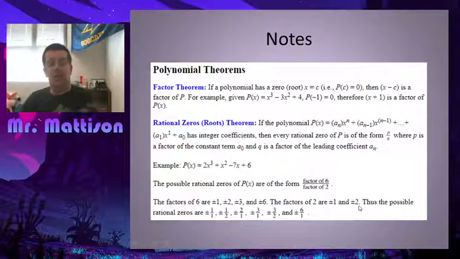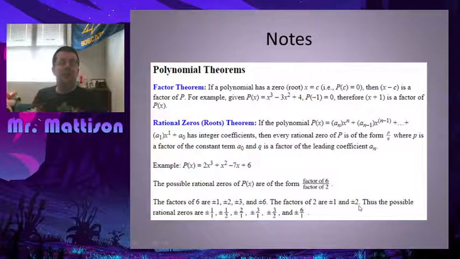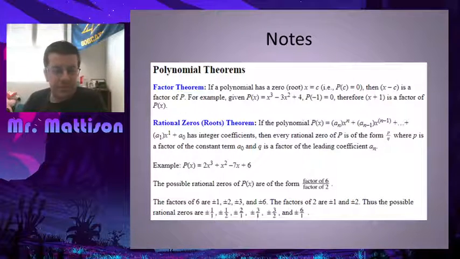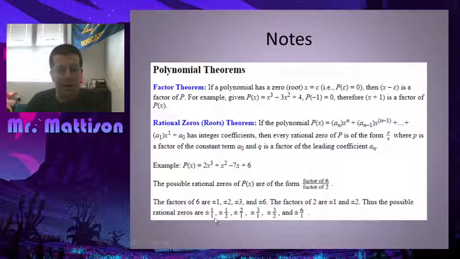And if I take all of those and eliminate ones that are the same, like 1 over 1 and 2 over 2 are the same, I really don't need those, so I can just take those off. I'm left with just these. So I got 1, a half, 2, 3, 3 halves, and 6.